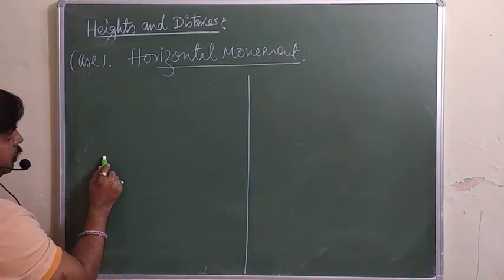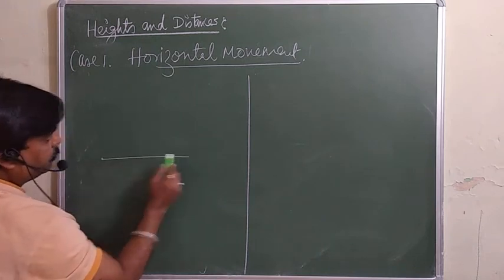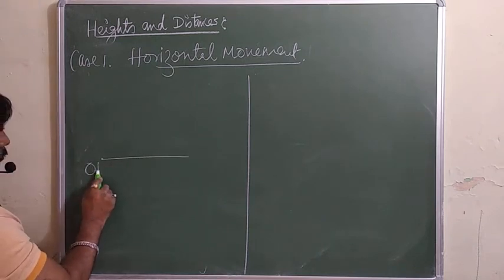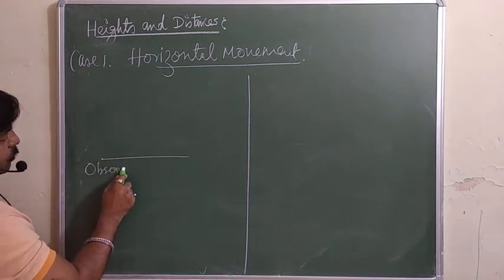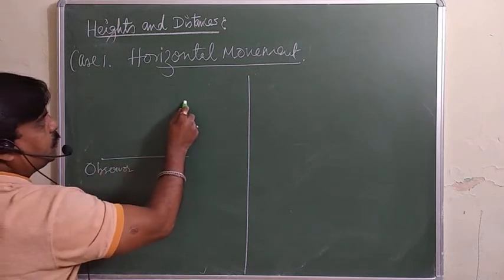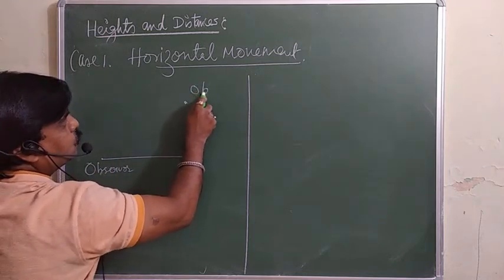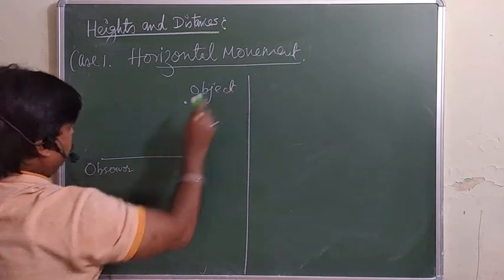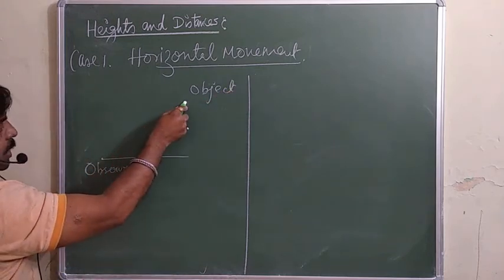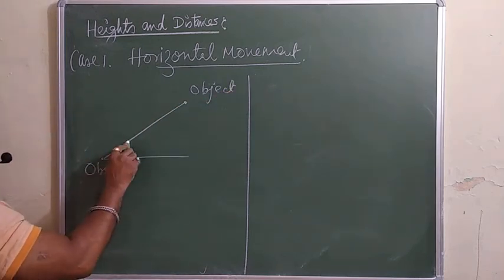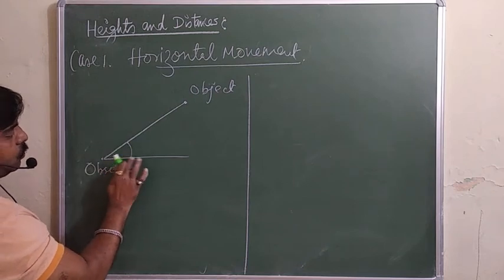See now. Suppose the observer is here, and your object is here. So now angle of elevation of this one. Suppose for example, you can take this as 45 degrees.